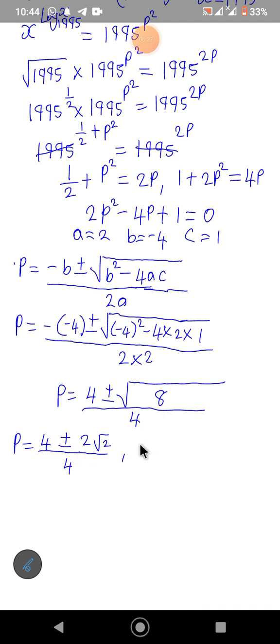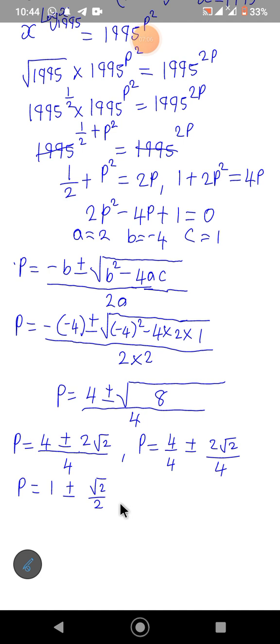Which is the same thing as p equal to 4 over 4 plus or minus 2 root 2 over 4. I can say that p equal to 1 plus or minus root 2 over 2.